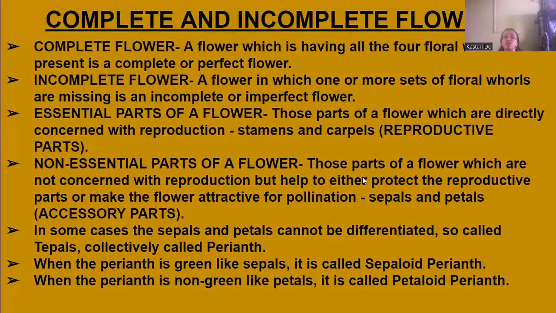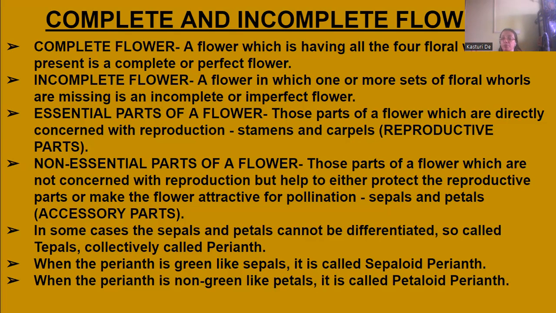Clear? Next, we come to complete and incomplete flowers. First, the complete flower. What's a complete flower? A flower which has all the four walls present in it is a complete flower. That is calyx, corolla, Androecium, and Gynoecium.